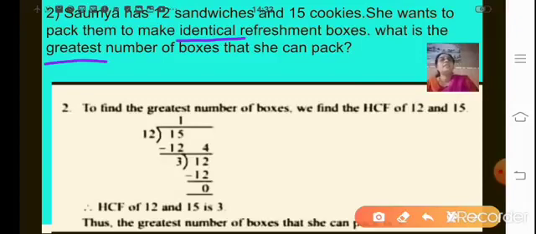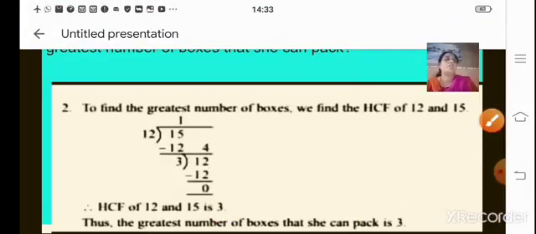Now when you find the HCF of 12 and 15, your answer is 3. Here we have used the division method. 12 ones are 12, 3 remaining. Then dividing, your 12 becomes your new dividend. So 3 fours are 12. So the greatest number of boxes that she can pack is 3.